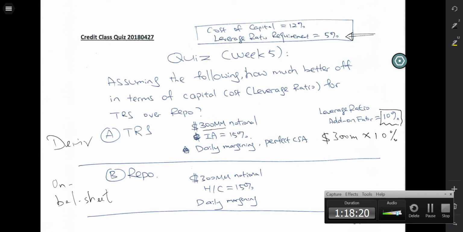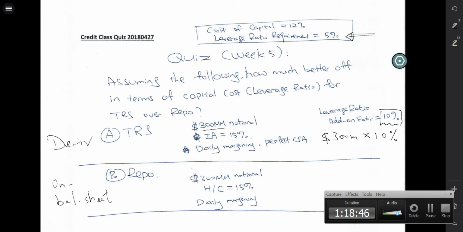Is it initial margins? But margin starts with M, right? Does anyone know what IA means? Ah, right. The independent amount.